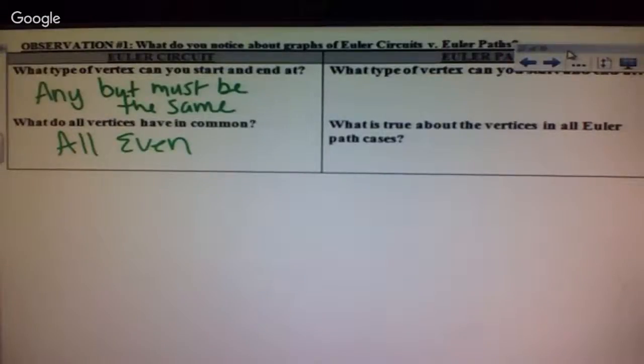On the other hand, what type of vertex can you start and end at on an Euler path? Okay, so we start at an odd and we end at the other odd.